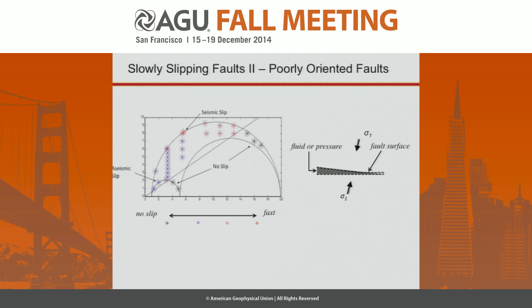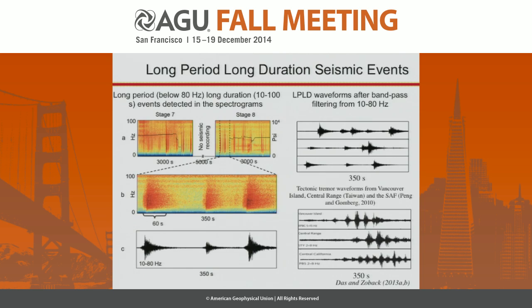Most of the faults we're dealing with in these shale formations are old, dead faults and are not active by any kind of reasonable geologic measure. Now, Indrajit Das and I published a couple of papers in geophysics showing what we think is evidence of slow slip on larger faults. These we call long period, long duration seismic events.